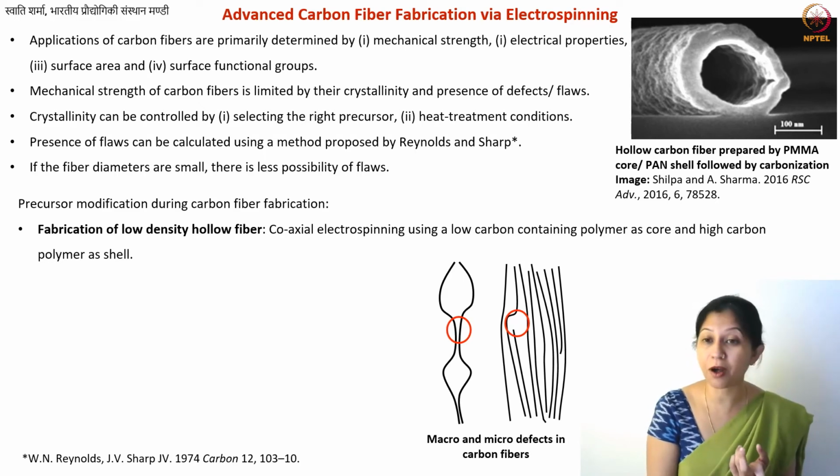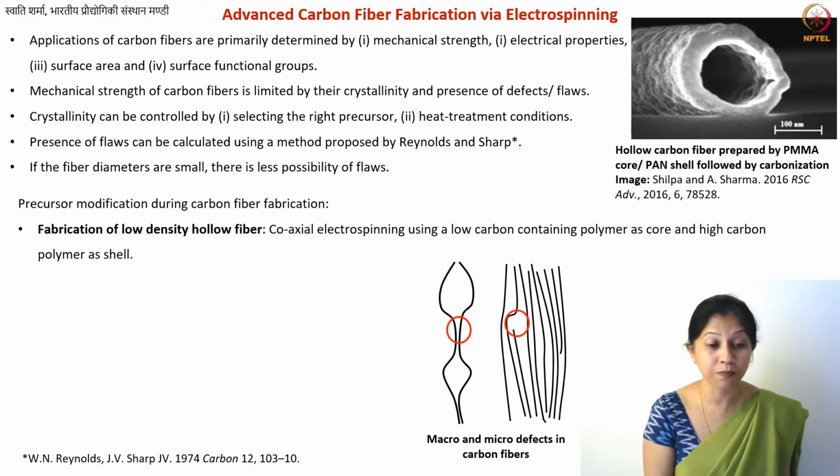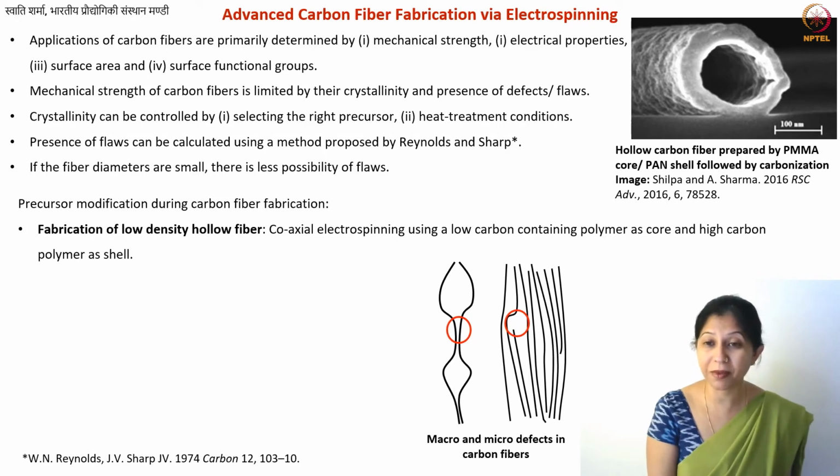Hollow carbon fibers offer a lot of interesting properties. For example, first of all, their overall density is so much lower. We always want to have high mechanical strength but low weight of our carbon fibers. So if you have hollow fibers, you can imagine the weight goes down so much. You can also use these for a lot of biomedical applications, drug delivery applications.